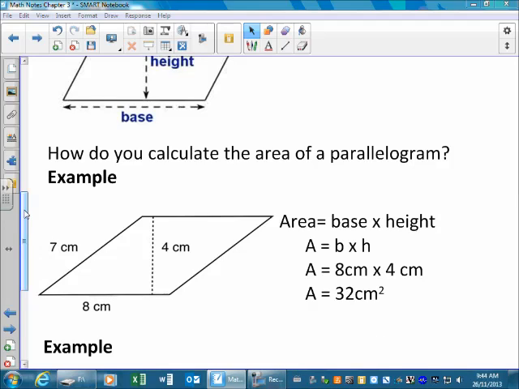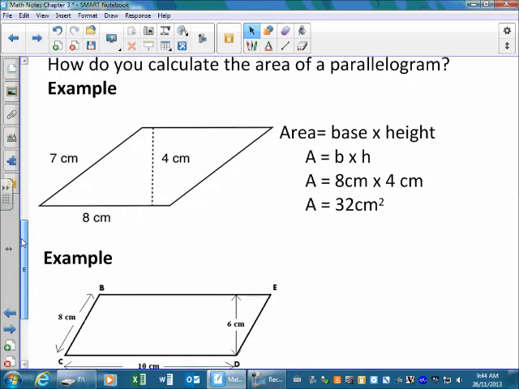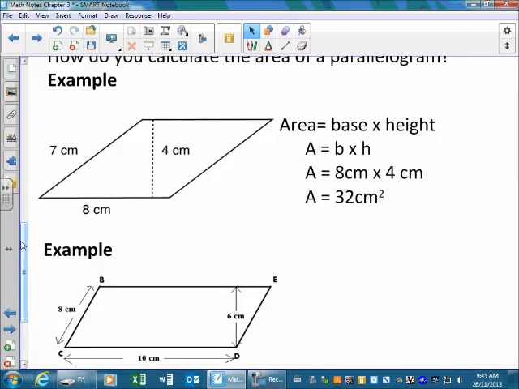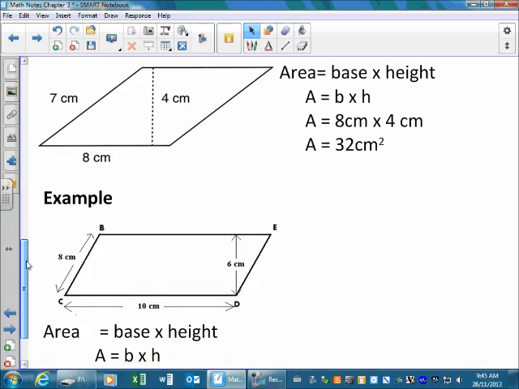Okay, here's another one right here. Now, what is your formula? That's the first thing you get down. So what's your formula for area of a parallelogram? That is correct. Area equals base times height. A equals B times H. So what is the measurement of our base?